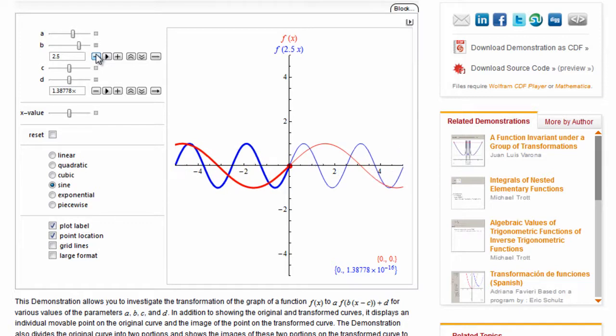You see that the curve is compressed. But look, what would happen if I wanted a number less than 1, like 9/10 or maybe 0.8? If you think of this as a spring, it seems to be uncoiling or stretching that spring out. And that's exactly what happens.